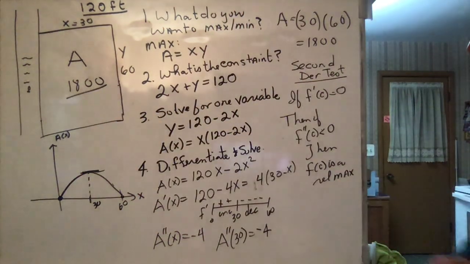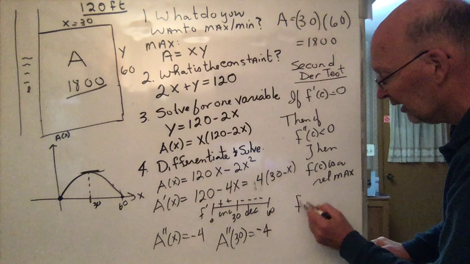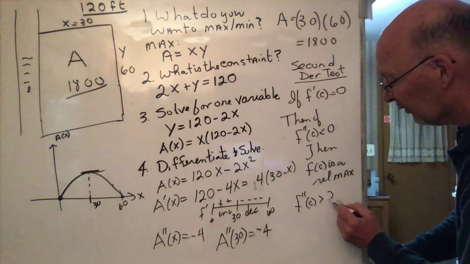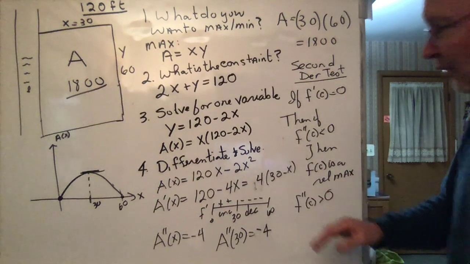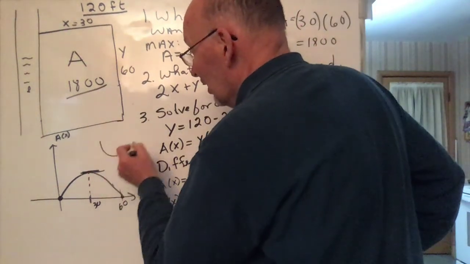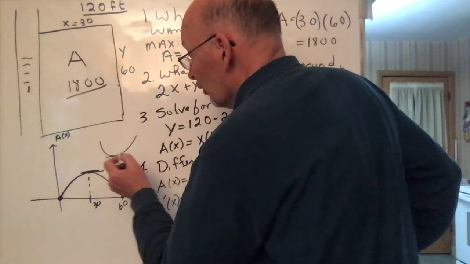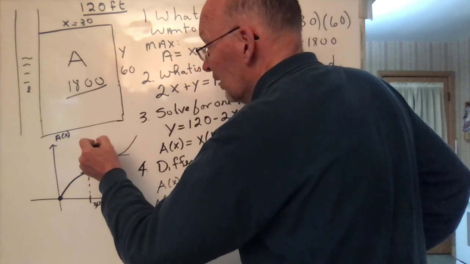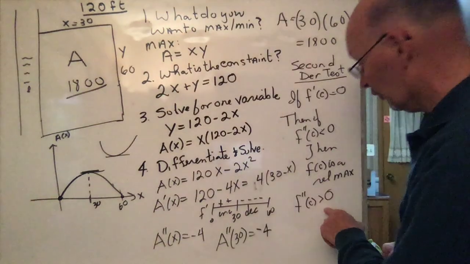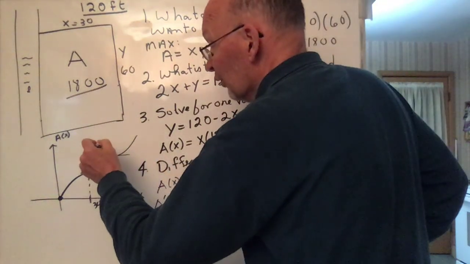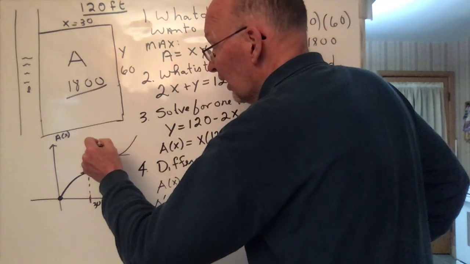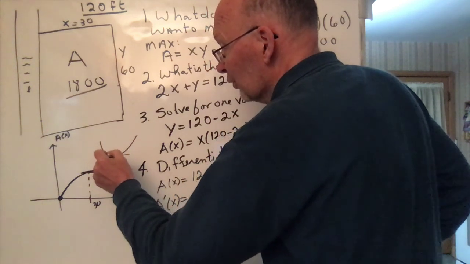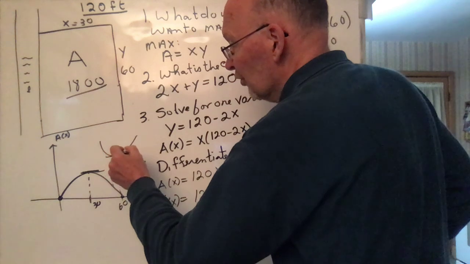Similarly, if the second derivative at c is greater than 0, then what happens? If the second derivative is greater than 0, that means the first derivative is increasing. And see here, the first derivative is increasing. It's going from -4, -2, -1, 0, 1, 2, 3, 4.